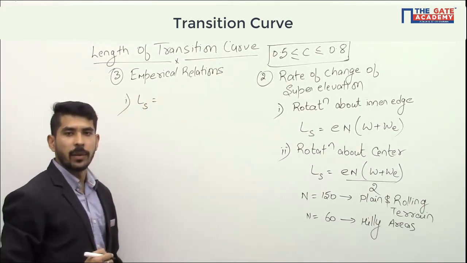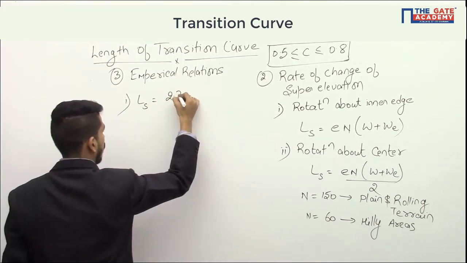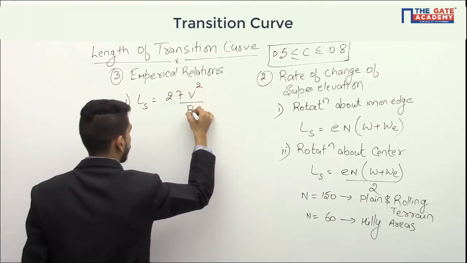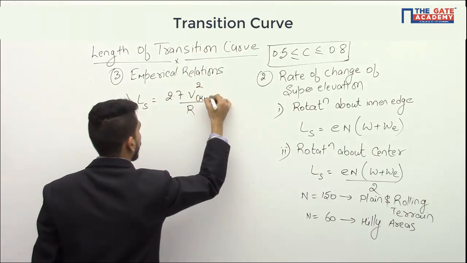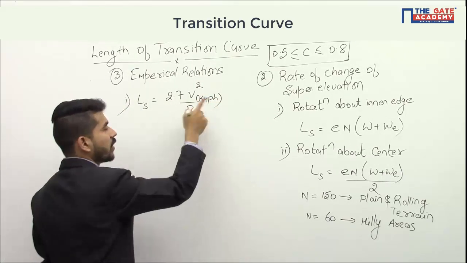Again here in empirical relationships we have two cases. First one is Ls equal to 2.7 V square divided by R, where V is in kmph.